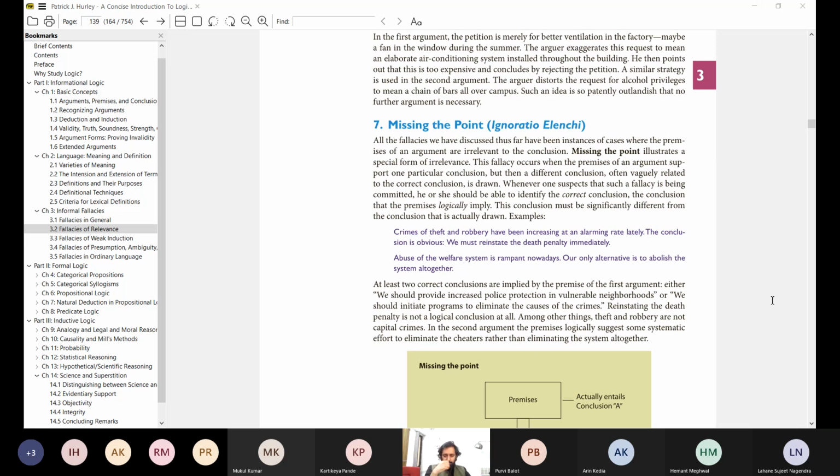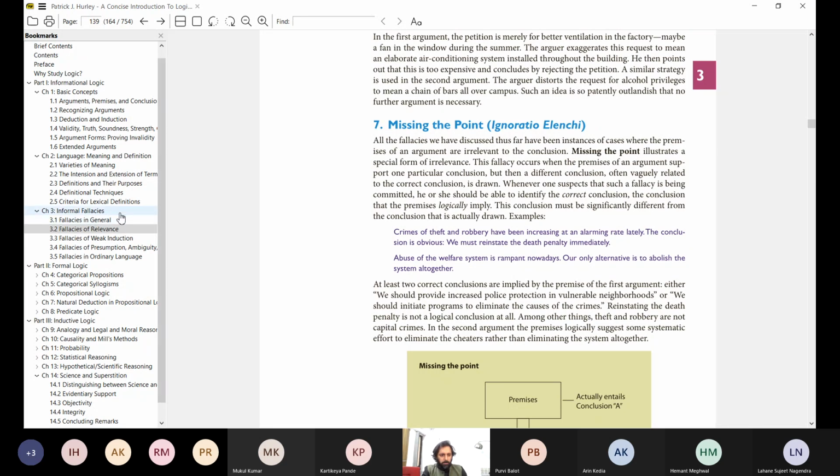So these names of fallacies are really means towards an end. That's the reason I'm pointing this out to you. And what Hurley does is, under each of these, give a bunch of examples and then characterize what those problems are.